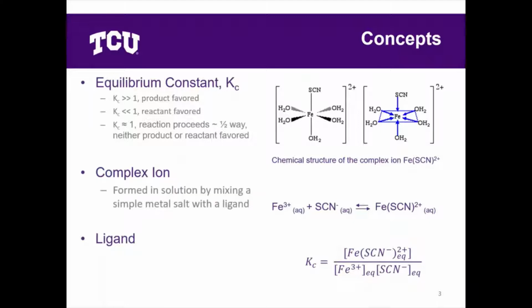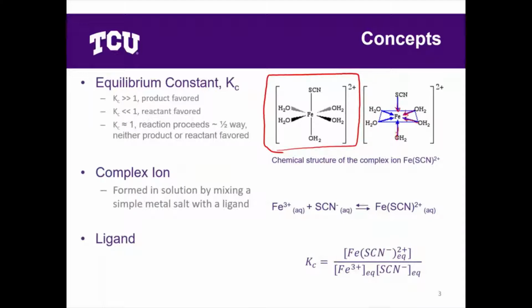A complex ion is an ion that is formed in solution by mixing a simple metal salt with a ligand. In this case, we're actually going to mix iron nitrate with thiocyanate and form this iron thiocyanate complex, which we have pictured here. You see what's going on here is that we call these ligands, and they coordinate to the iron in the center.